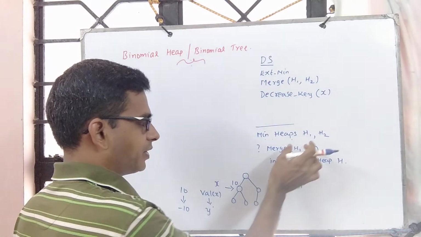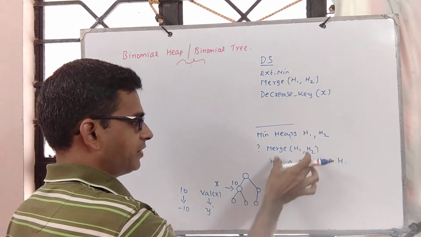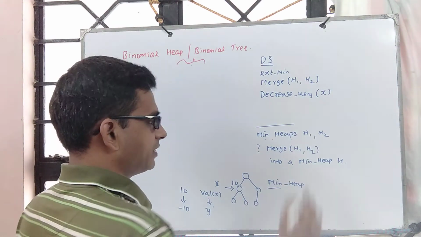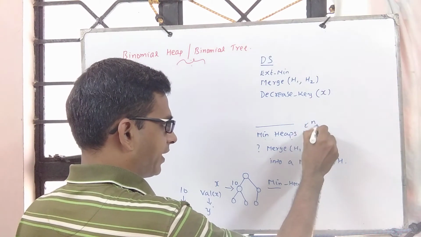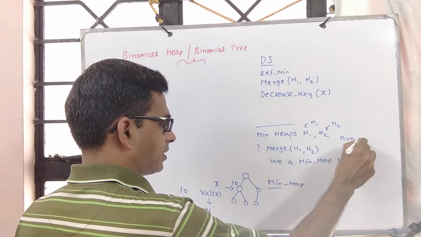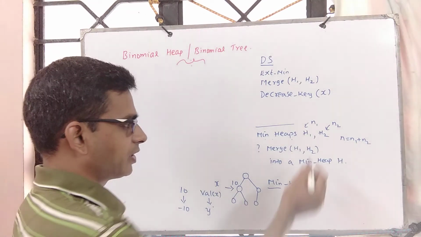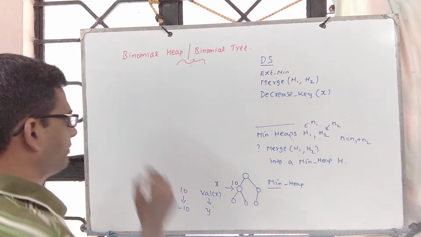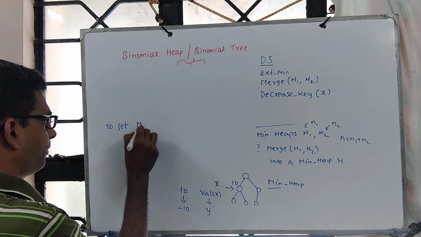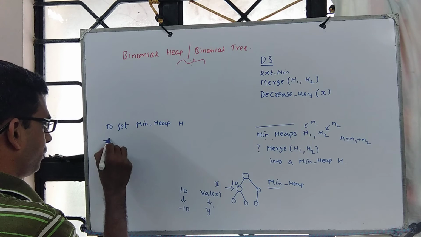Suppose let's assume we have two min heaps H1 and H2, and how efficiently we can merge them to get a min heap H. So let's assume this has got n1 elements and this has got n2 elements, and n represents the total. One approach is you take each element from H2. So to get min heap H, what is that we can do?